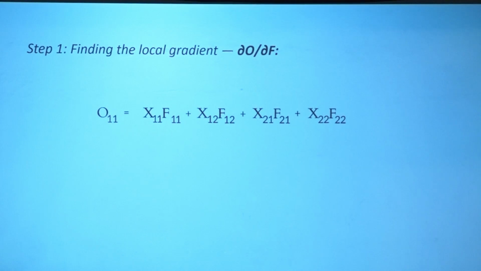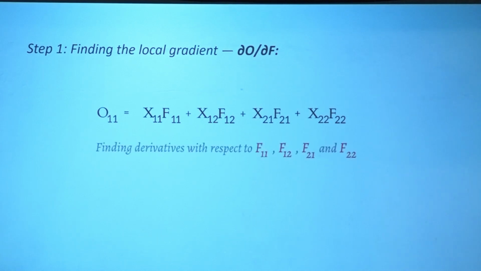This is the equation. Now you need to derive this equation with respect to the filter F. My F is a 2 by 2 filter with 4 elements, F11, F12, F21, F22. So I need to derive with respect to each of the 4 elements, correct?